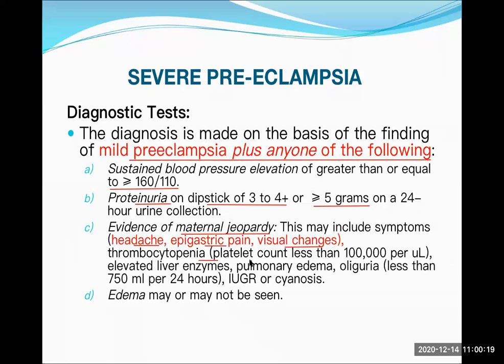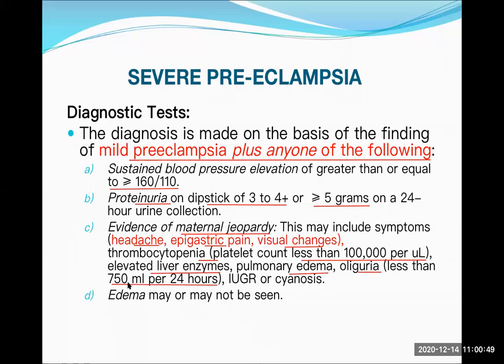Thrombocytopenia occurs, we already talked about, and according to the definition, it is less than 100,000 per microliter, or you can say less than 1 lakh per microliter. There is elevated liver enzyme, SGOT and SGPT are raised than the normal. Pulmonary edema, fluid collection inside the alveoli. Oliguria, decreased urine formation, that is less than 750 ml per 24 hour.